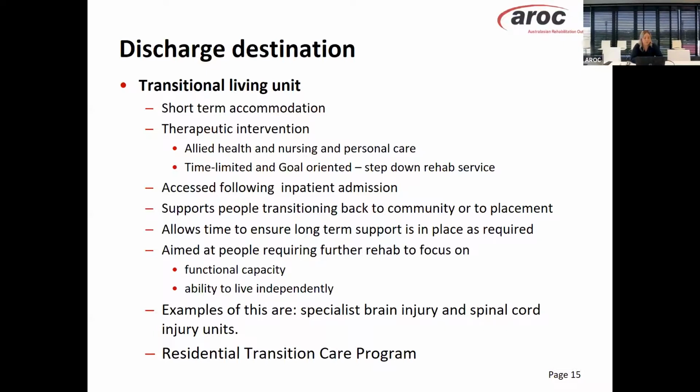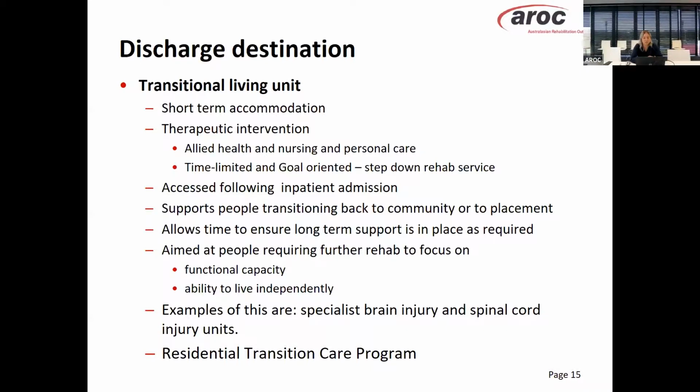Just before we move on, we'll just briefly talk about the residential transition care program and the community transition care program. So this transition care service is a service for older people following hospital stay. The residential option would come under transitional living unit, as it's a transition service being received in a live-in facility.